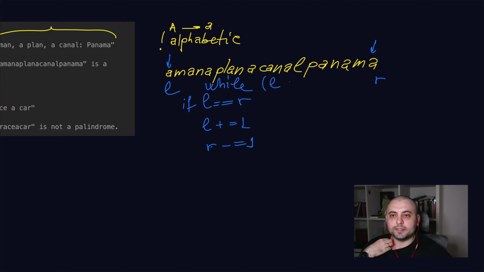While left is smaller or equal than right, because if it's an odd length, they will not meet. If it's an even length, they will meet somewhere in between, in the middle.